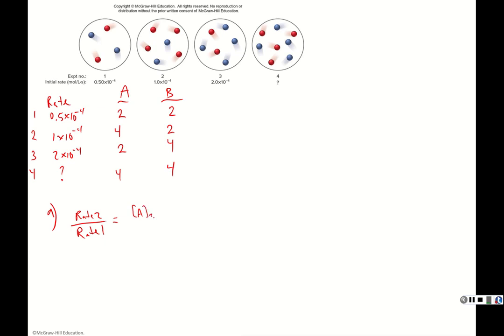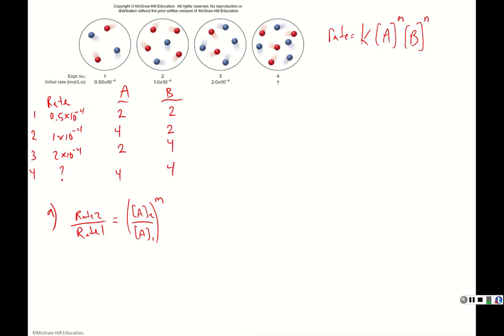So that's A2 divided by A1 to, let's just call it the m power. We're trying to figure out our rate law, so that would be our rate law for this process, trying to figure out the coefficients m and n.